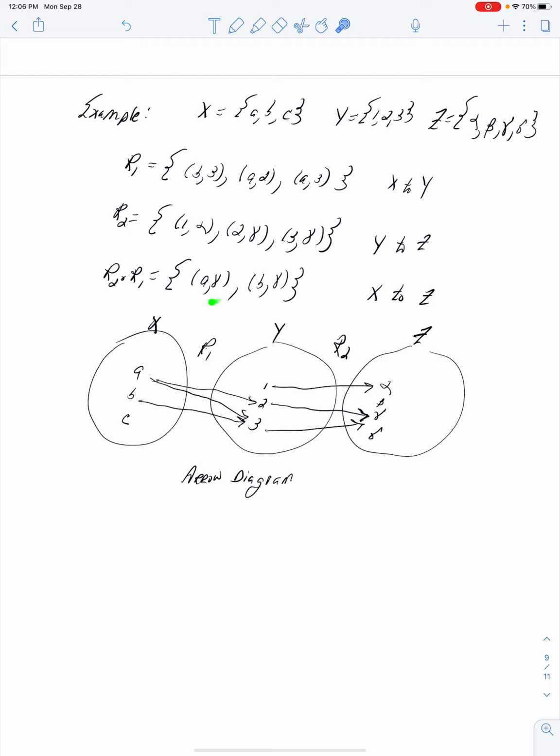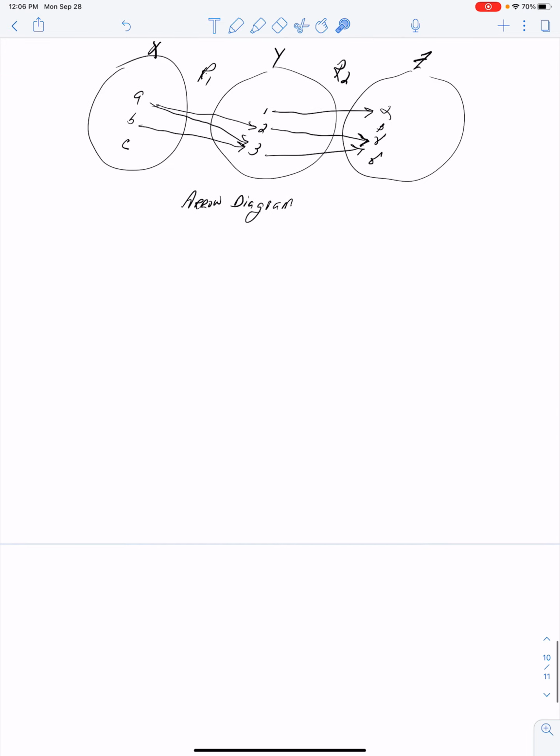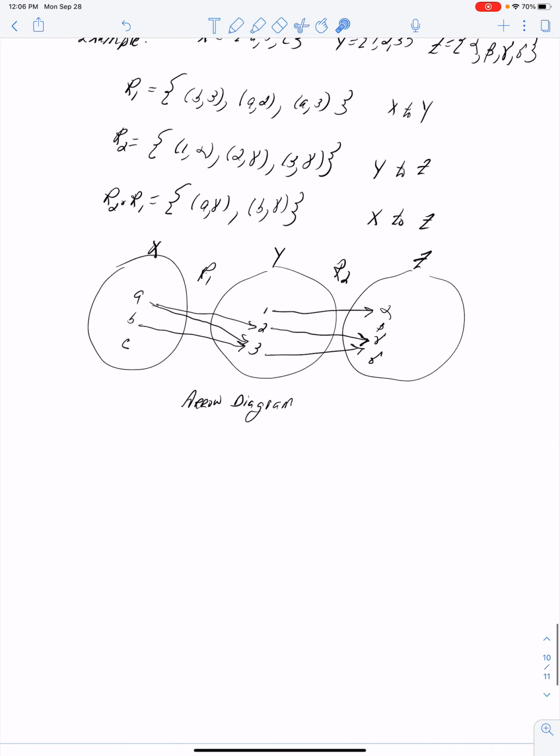I already have that ordered pair, (A, gamma). Finally, B goes to 3, which then goes to gamma. That gives me the ordered pair (B, gamma) in my relation composition. All right, so that's how relation composition works. And I'm going to stop there.